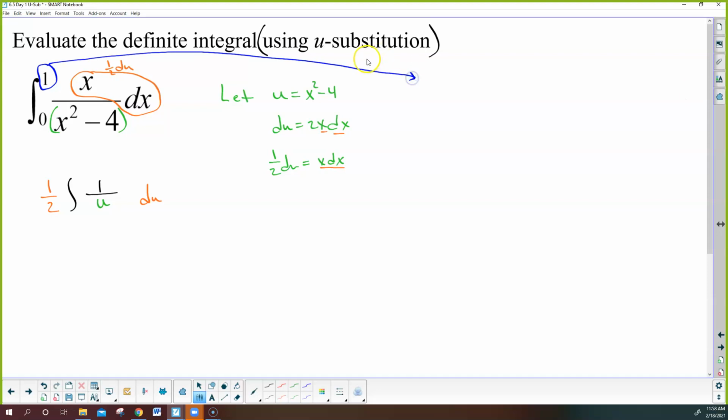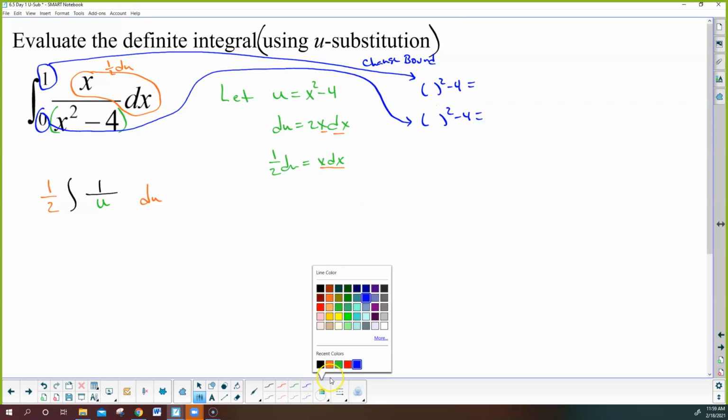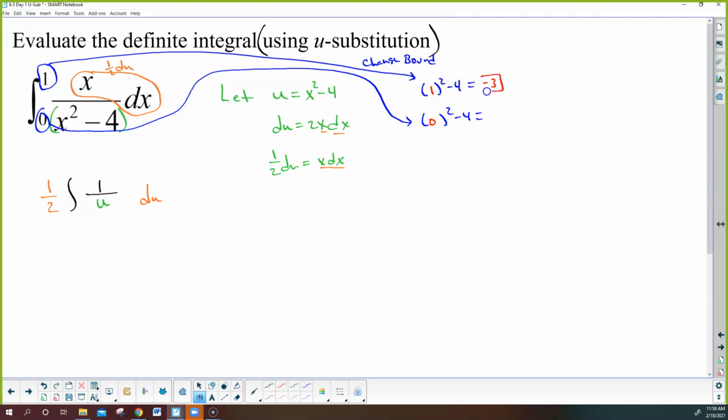I have to change the bounds. Because it's the definite integral, we're going to change the bounds in terms of u. So I'm going to take whatever u was for the upper and the lower, and we're just going to plug in 1 and 0. So upper bound and lower bound. So here I get negative, so 1 squared minus 4 is negative 3.